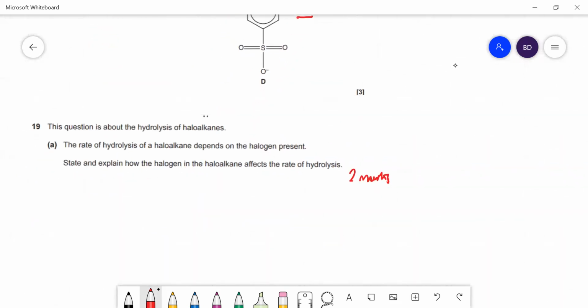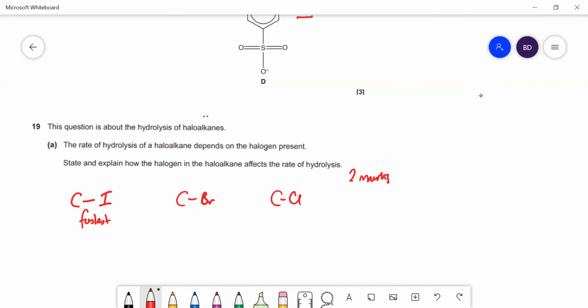About the hydrolysis of haloalkanes now. The rate of hydrolysis depends on the halogen present. State and explain how the halogen affects the rate of hydrolysis. Okay, so we've got to know here that the iodoalkanes are going to react fastest, then the bromoalkane, and slowest is the chloroalkane.